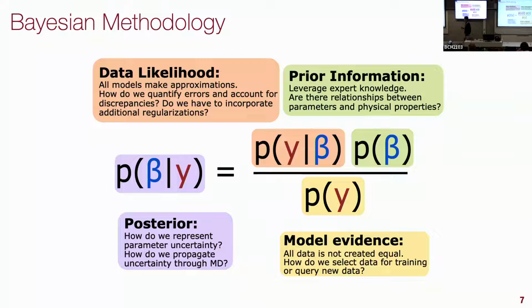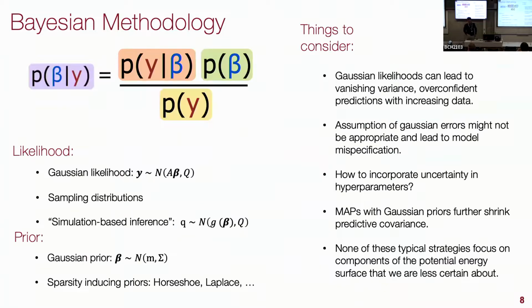And then something that I think is also unappreciated is the contribution of model evidence, particularly how you select your data, which will be an important factor. So I want to go somewhat quickly through a list of different options that I've seen, because I think we've all seen them over the last 2 days or so.